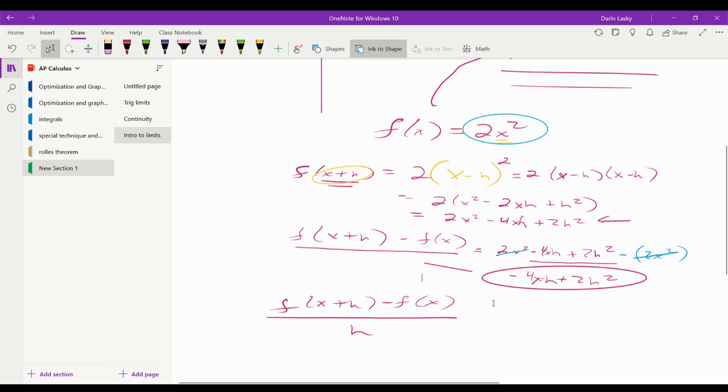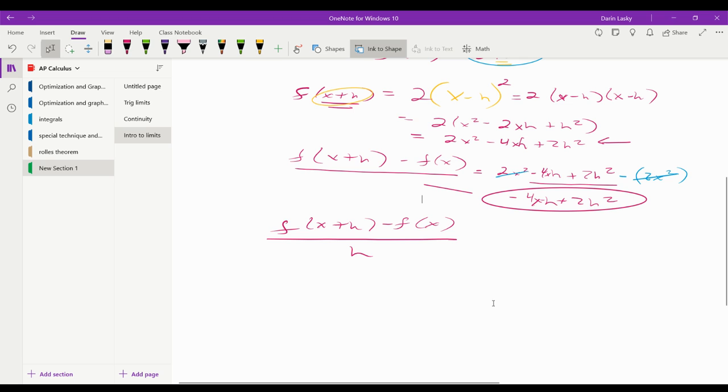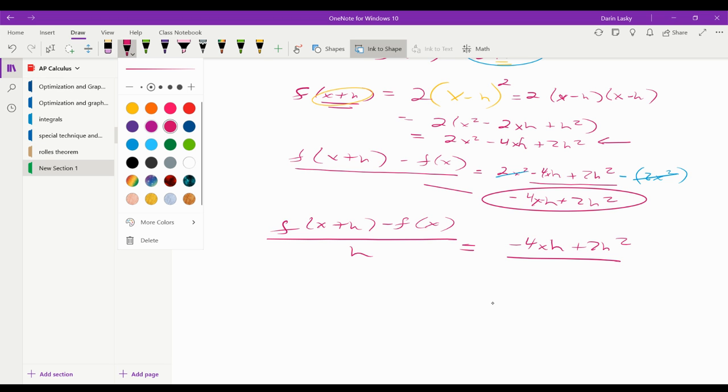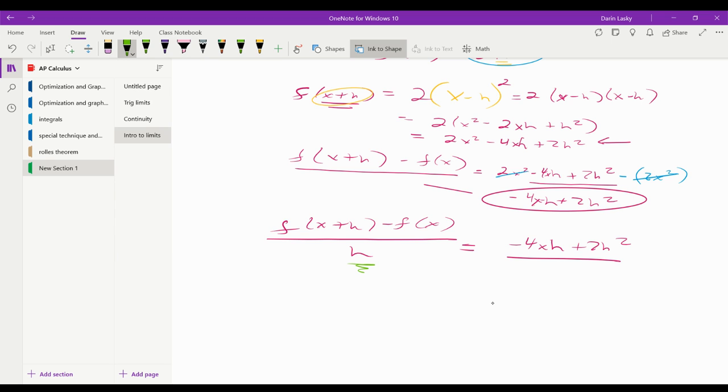Now, let's go to this last one. So they want me to take my negative 4xh. Oh, I did it again. H plus 2h squared. And they want me to put it over h. Let's do h in green today. So we're going to put it over h. So we've got h right here. Whoops.